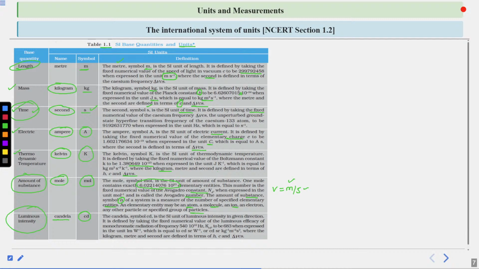So length and time are base quantities, and from these base quantities we can define a new term, that is meter per second. So velocity is equal to meter per second. Clear?